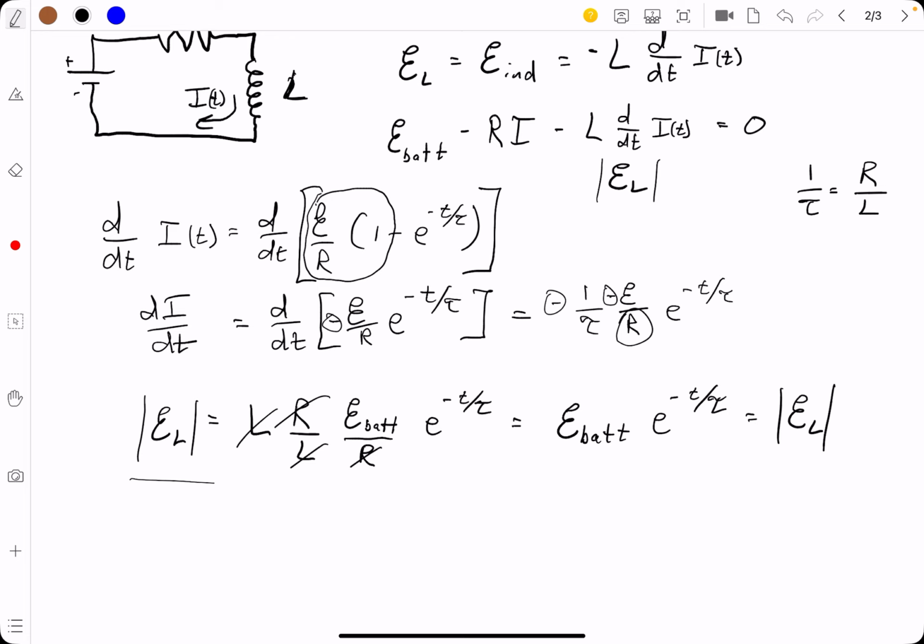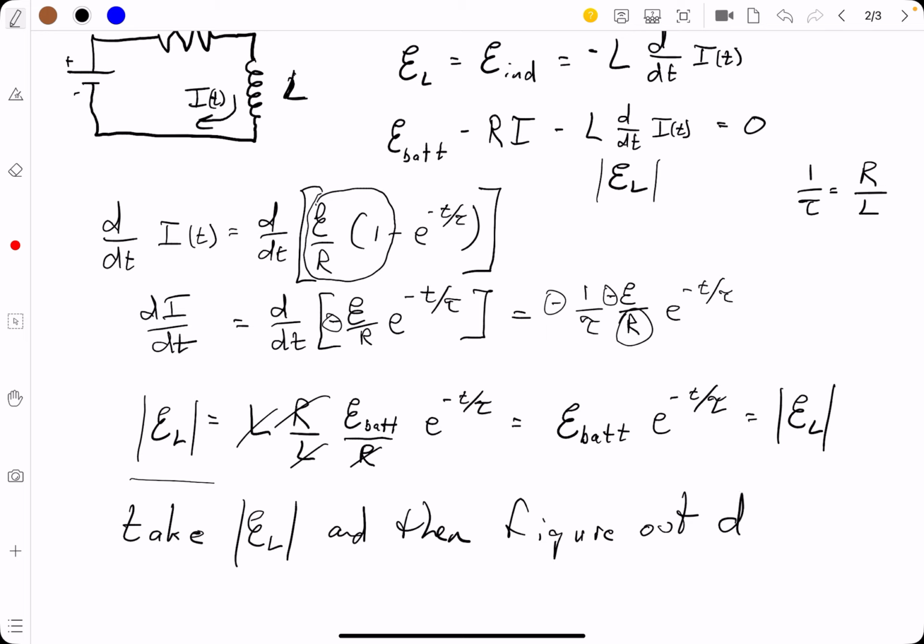You just take the absolute value, figure out this magnitude, and then figure out your direction, the direction of the current, and you got to use Lenz's law.